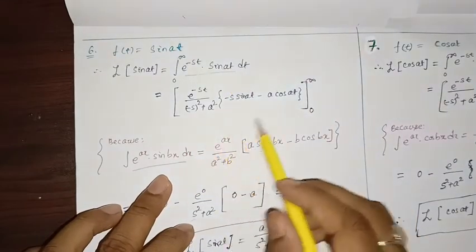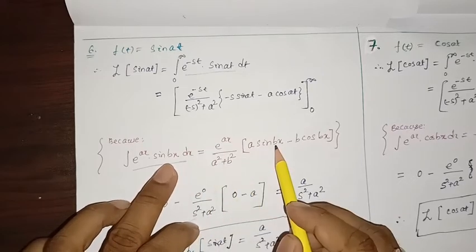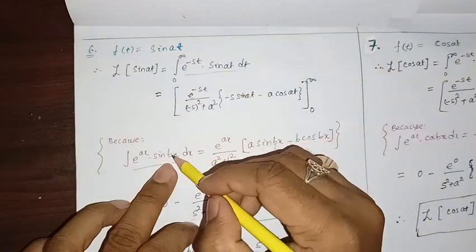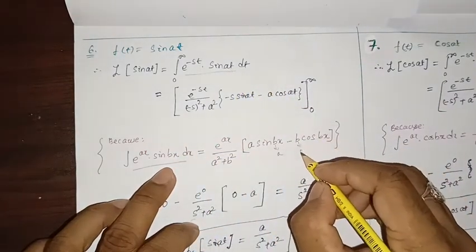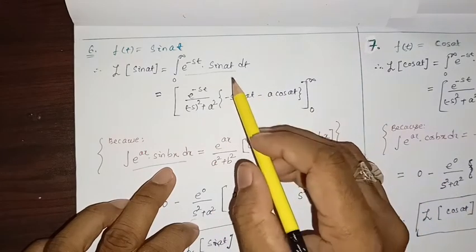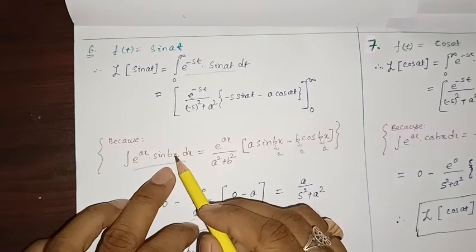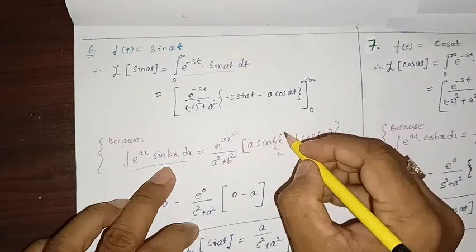So in this expression, instead of b we have to put a, because comparing, b is a. Instead of x we have to put t, so here wherever x is there, this will be t.